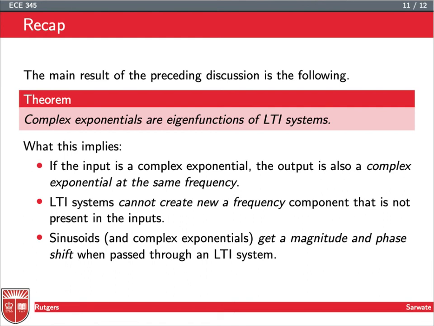And finally, when you put sinusoids and complex exponentials in, you get a magnitude and phase shift when you pass them through an LTI system. So these three facts are really important, and they all work together to show how complex exponentials have a special relationship with LTI systems, and that's this eigenfunction relationship.